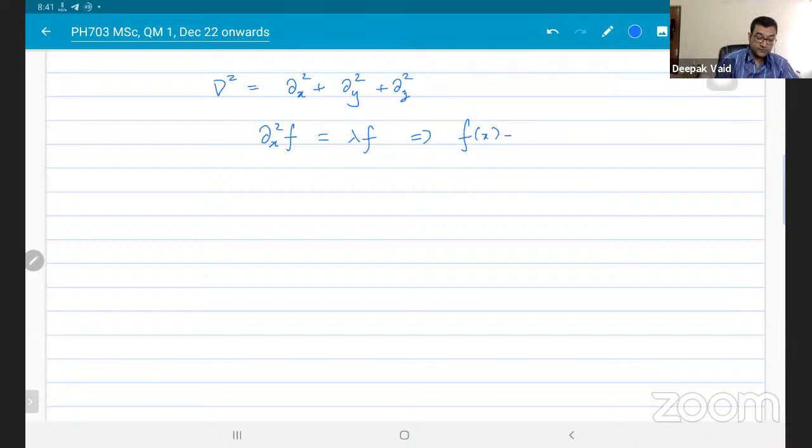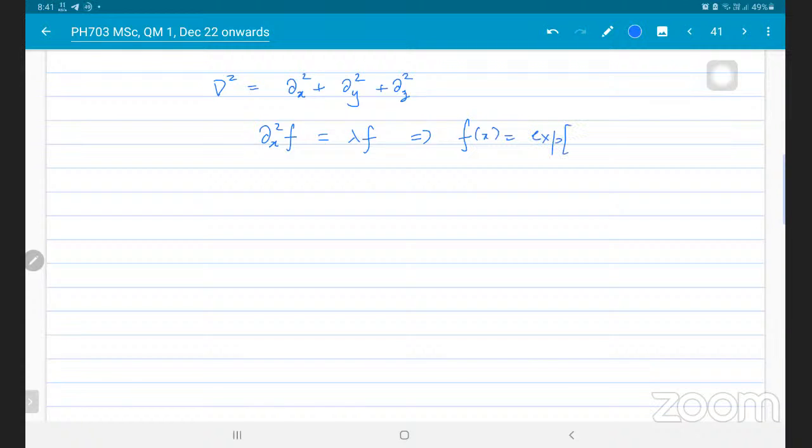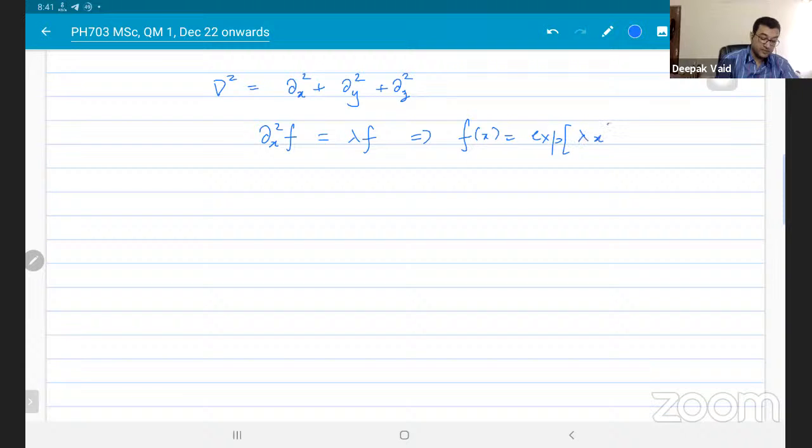What is f? It's going to be an exponential of lambda x, sorry, with a minus sign. Or it can also be exponential, so better to write it like this, plus minus i lambda. This lambda we should normally label with kx.